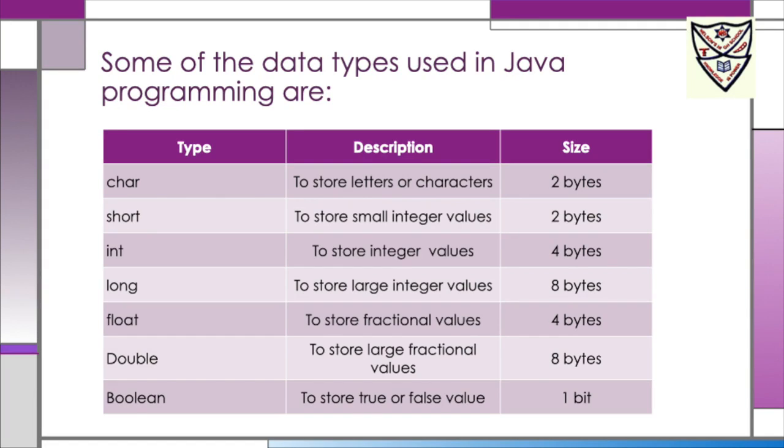Then there is integer, which stores integer values and occupies 4 bytes. Long. It stores larger integer values and occupies 8 bytes. Float. It stores fractional values and occupies 4 bytes. Double. It stores large fractional values and also occupies 8 bytes. Boolean. It stores true or false value and occupies 1 bit.